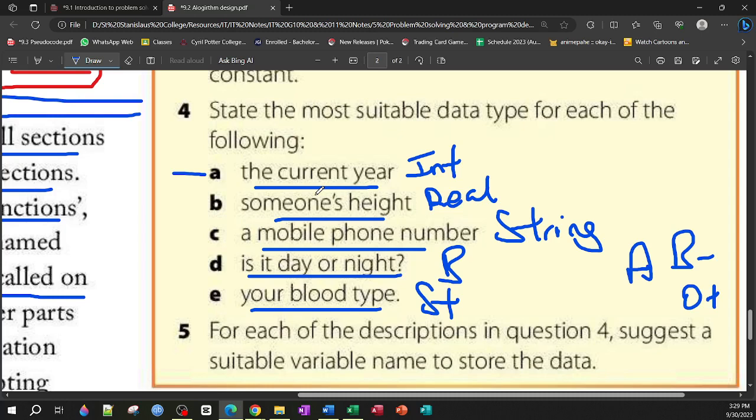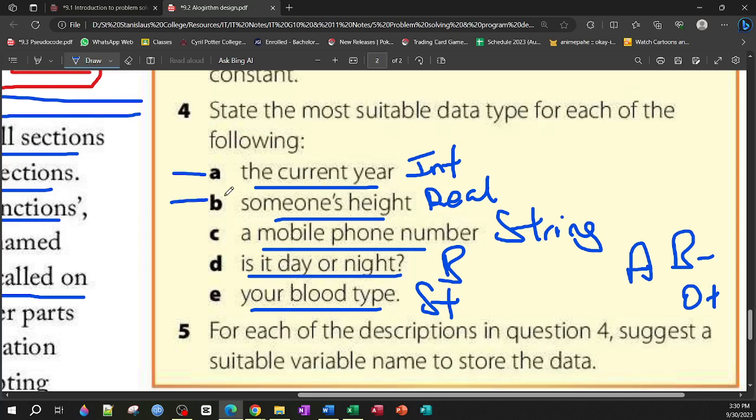Current year. Yes, because remember it has to represent exactly what data is going to be stored. Is that current year with a space or without a space? Without a space. Right.